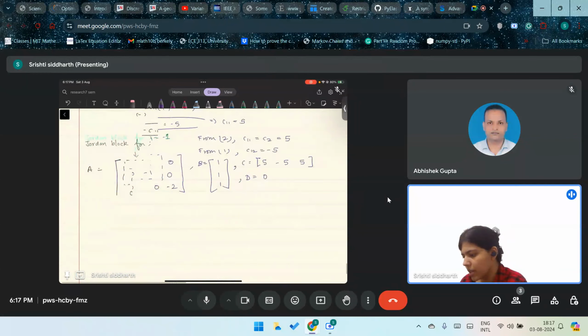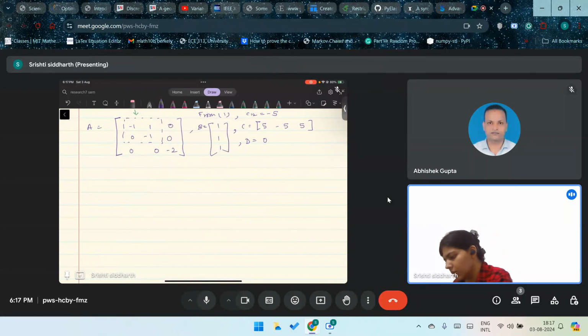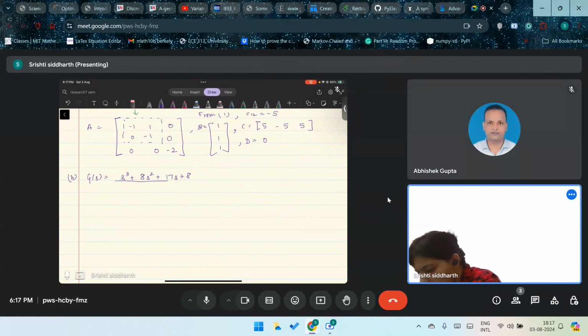Now let's look at a case when we do have coupling. So this is B. So G(s) is s cube plus 8s squared plus 17s plus 8 upon s plus 1, s plus 2 and s plus 3.